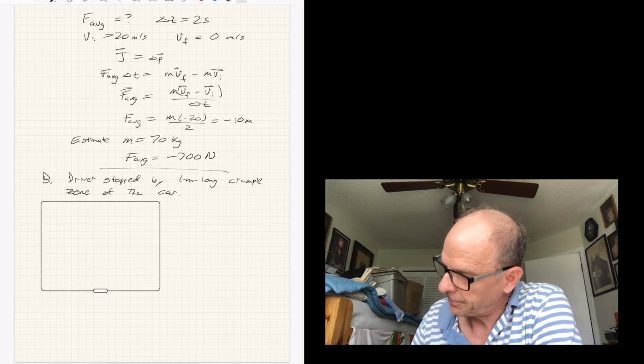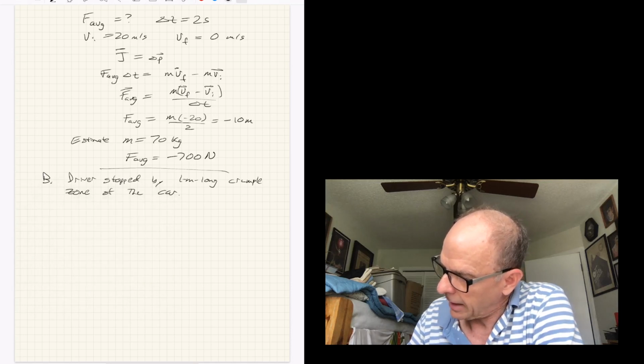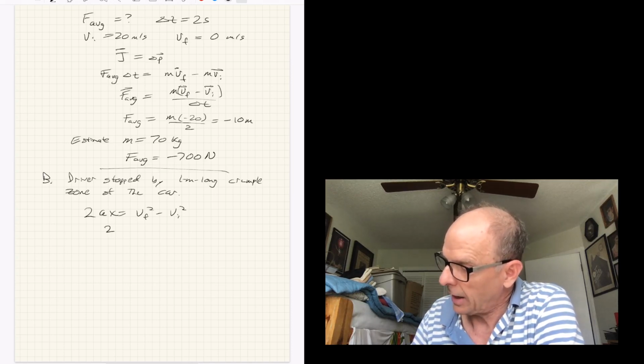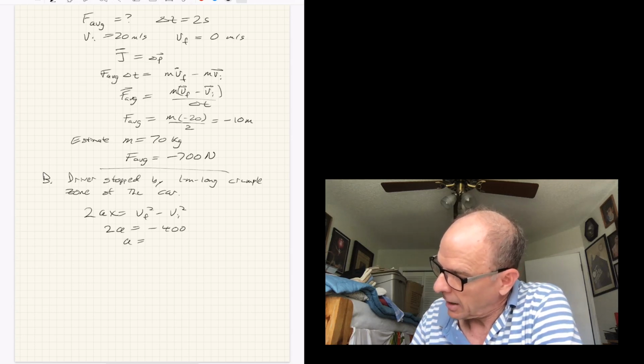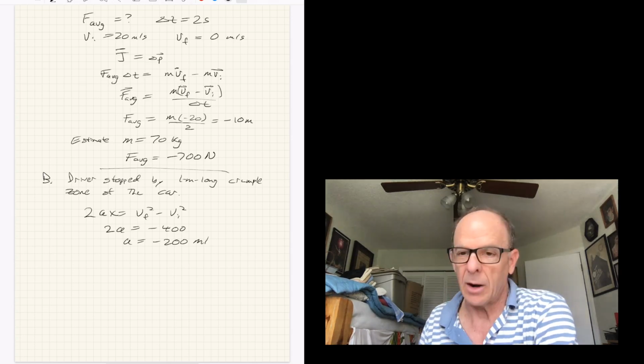We have 2ax is vf squared minus vi squared. X is now 1 instead of 20. So that gives me 2a times 1, or just 2a equals minus 400, or a equals minus 200 meters per second squared.